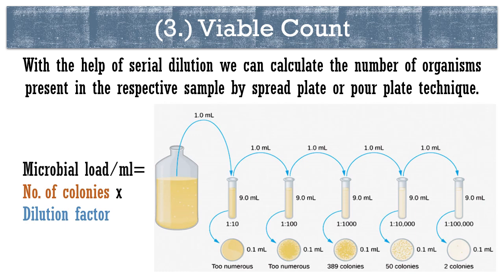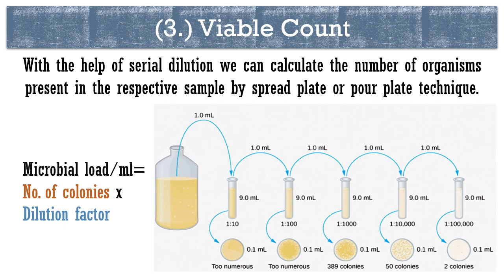But in the viable count we have to introduce our sample onto the media and allow it to grow for a specific period of time, and afterwards we come to know the result.